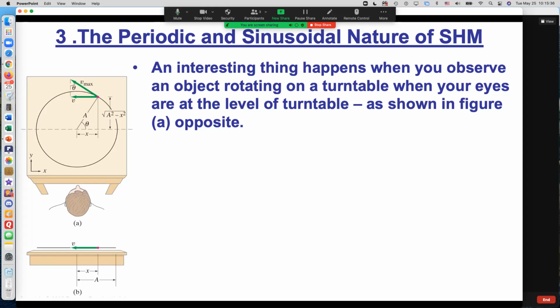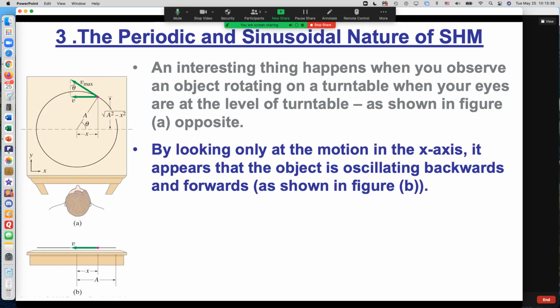Okay, so by looking only at the motion in the x-axis, this is the x-axis that's defined here by this dotted line. Or if you want to look at the perspective of you down at eye level with the table, you can look at the thing that's shown in B. It appears, right? Emphasis on appears. It's because it's not actually doing this, right?